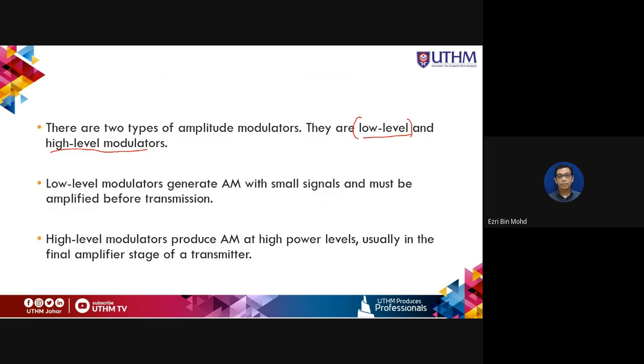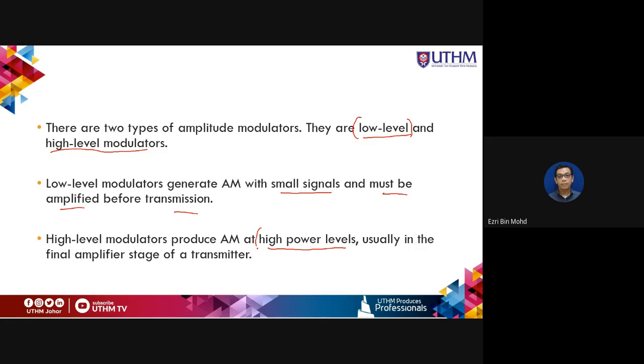The low level modulator generates AM with small signals and must be amplified before transmission, so there is an extra device, an amplifier, to boost our low level power signal. The high level modulator produces AM at high power level, usually in the final amplifier stage of a transmitter.